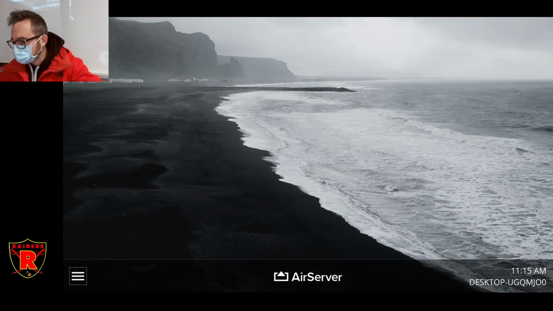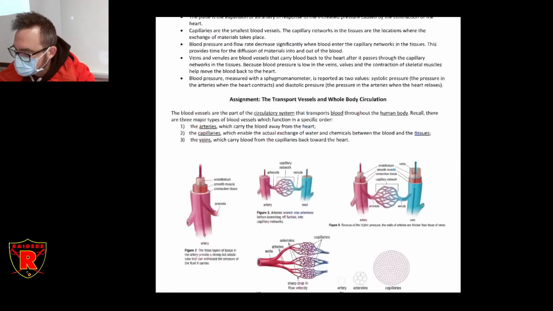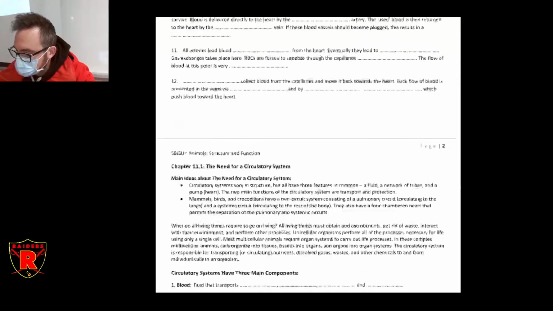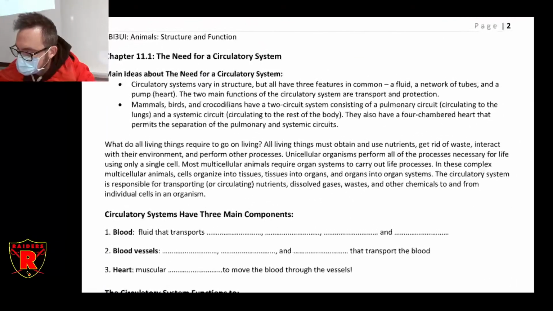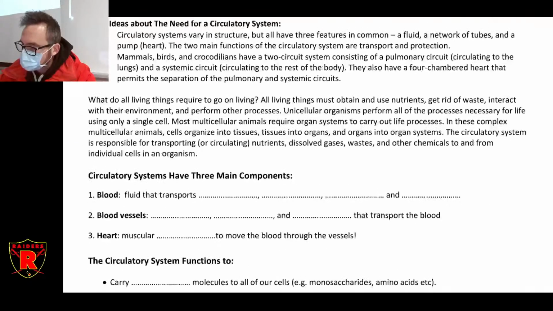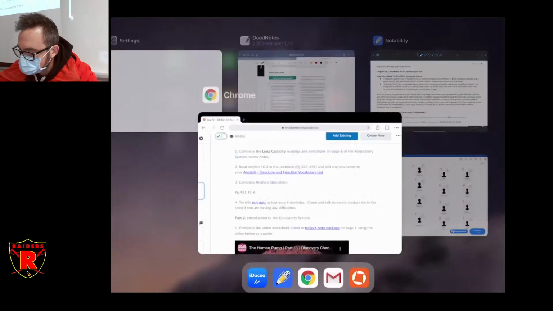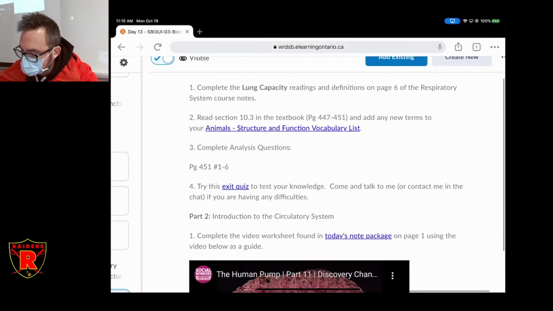Okay, so I'm hoping at this point people have watched the little video, the intro to the circulatory system. What we're going to do now is get into a little bit more detail on the structures of the circulatory system. So we're going to be starting right here: the need for a circulatory system. This is right after the questions from the video, so you want to pull that up. I'm going to be using a little slideshow to go through this, and I posted the slideshow online as well.